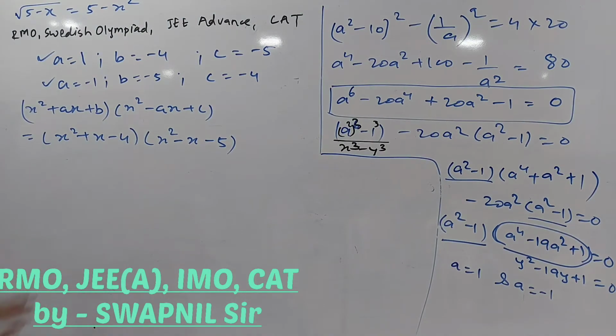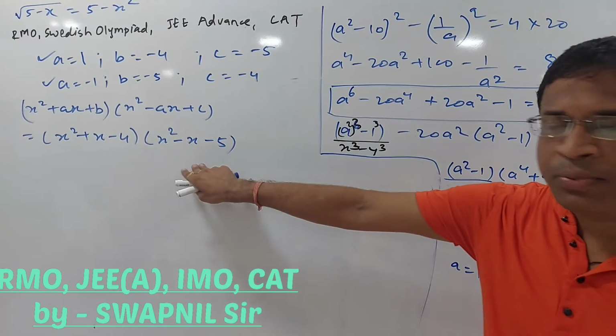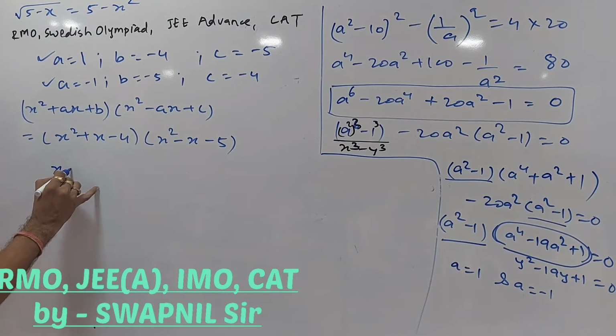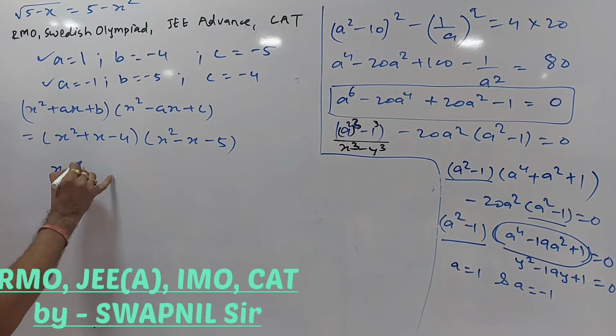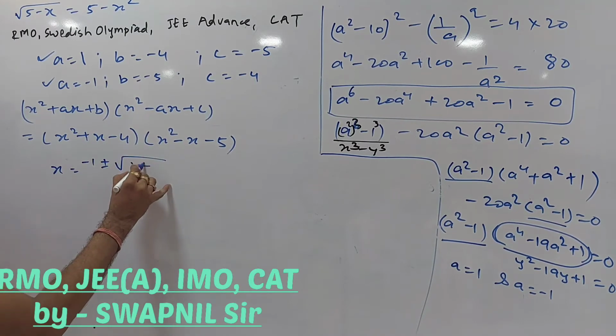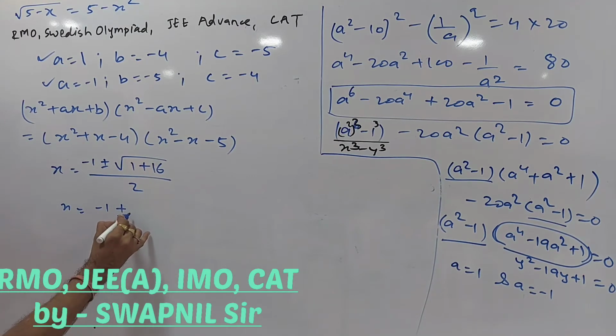So that is something we got in the end, and it can be cracked using the quadratic formula. So quickly I am just writing the answer. So my x values, 4 values of x, 2 from here, 2 from here. So it is minus b plus or minus root of b square minus 4ac, which is 16, upon 2. That gives me x is equal to minus 1 plus or minus root 17 upon 2.